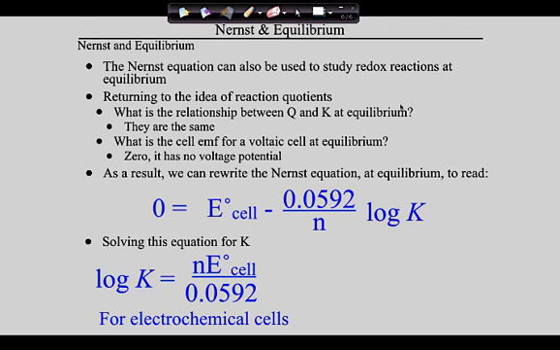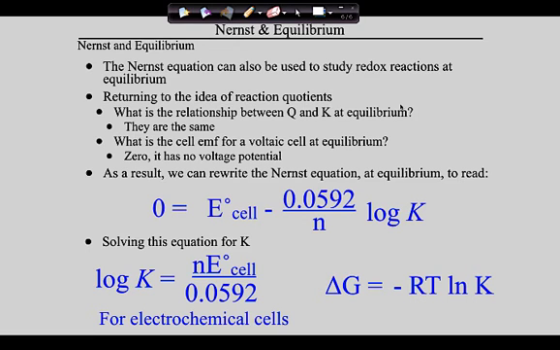If you have a delta G that's negative, what does that tell you about the reaction? Spontaneous. If you have a delta G that's positive? Spontaneous in the other direction, or you could call that non-spontaneous. What do we know if delta G is 0? It's at equilibrium.